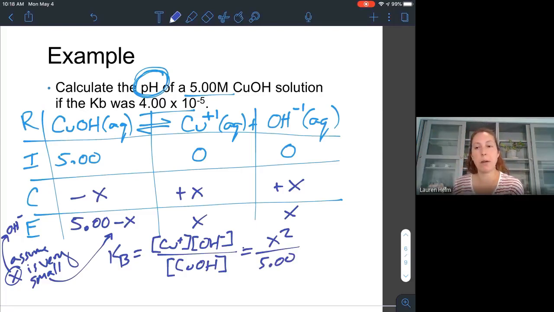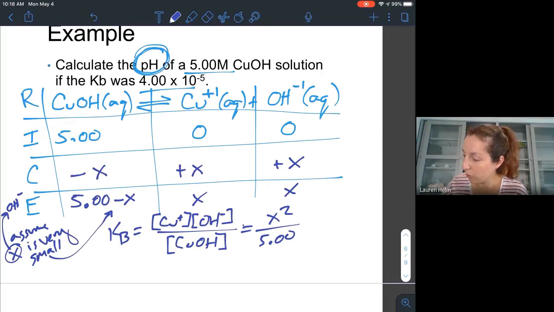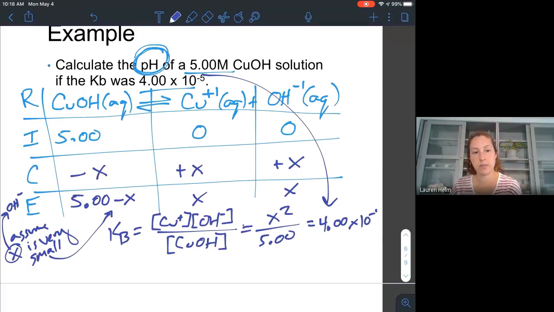I'm going to drop that minus X because, again, we're making the assumption that our hydroxide concentration is very small and therefore will not affect this. And then we're told that is equal to 4 times 10 to the -5th.